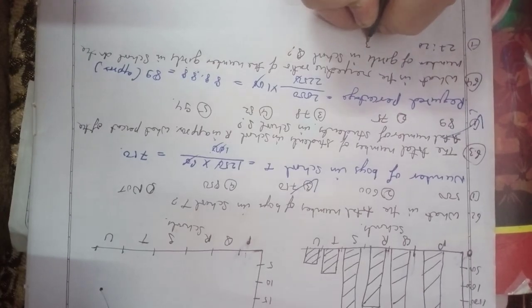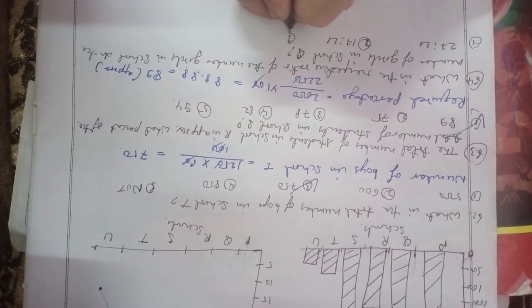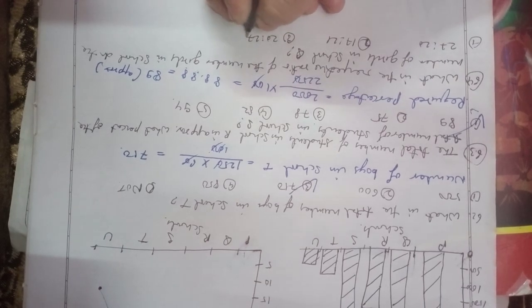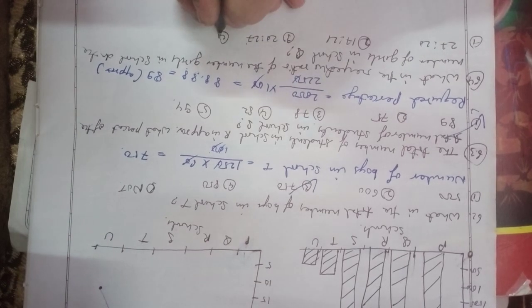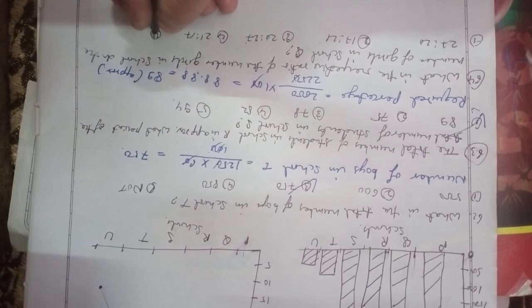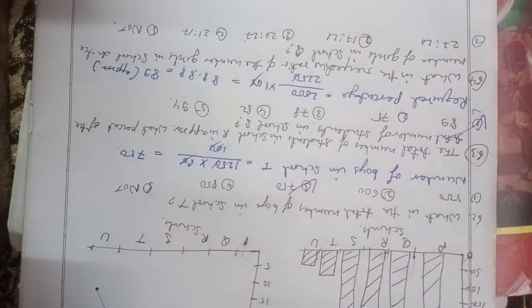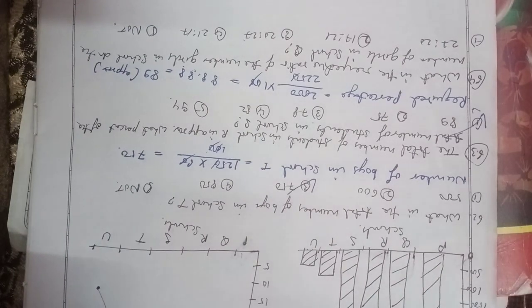27:20, 70:21, 20:27, 21:17, none of the above. Let's go for the same here itself.